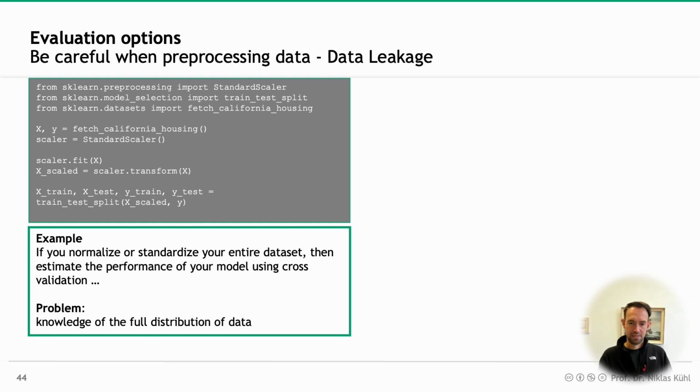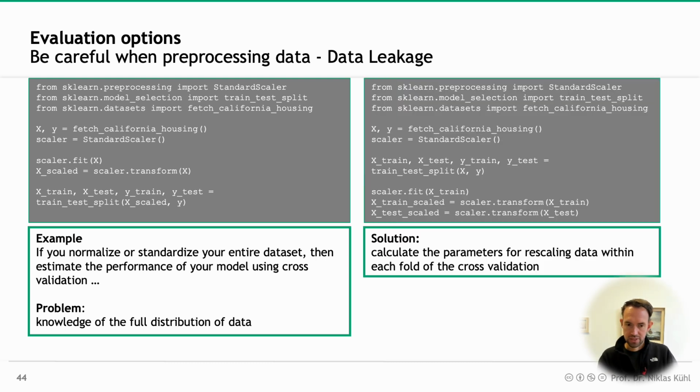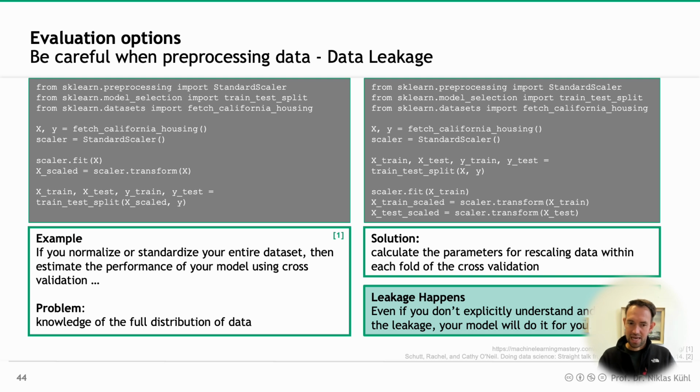Moving all attributes into the same range, or sanitize your entire data set, then there is data leakage, because your model knows more than it can or should know at this point, because now your model knows the full distribution of the data. So never do that. So calculate the parameters for rescaling within each fold of the cross-validation, right? And this leakage happens even if you don't explicitly understand it. The model will do it for you. So very important issue. Look out for data leakage.